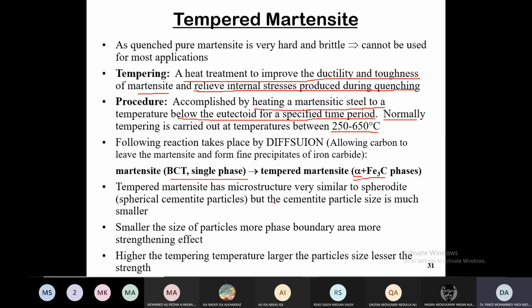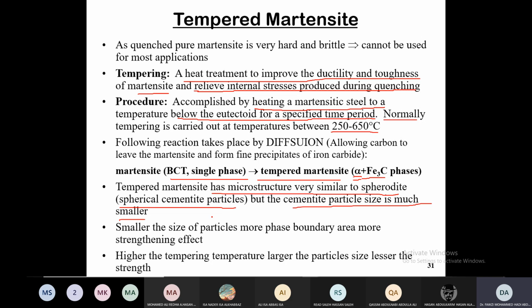The tempered microstructure which forms has a microstructure very similar to the spheroidite, which we refer to as spherical cementite particles in a matrix of ferrite. But the cementite particles are much, much smaller than in the spheroidite. The spheroidite sizes are much bigger.